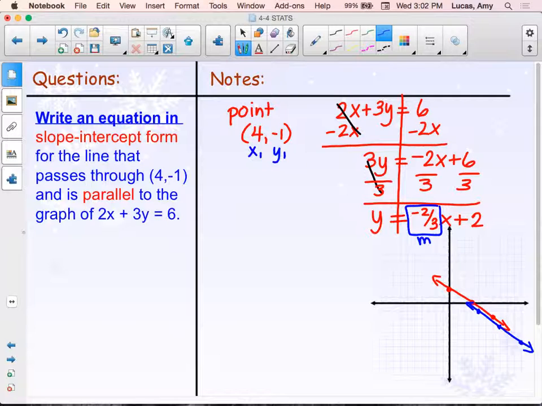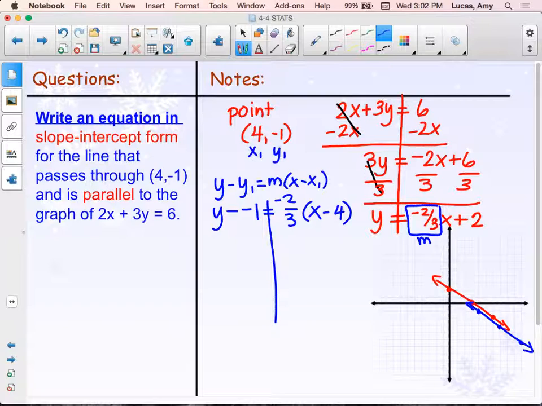To get my equation though, I want to use point slope form and solve it. So y minus -1 equals my slope times x minus x1. Okay, y minus -1 turns into a chunky plus.